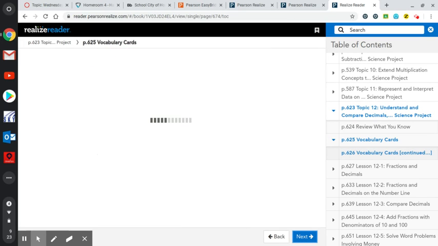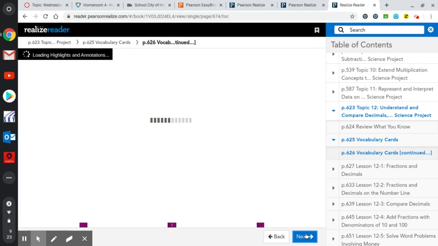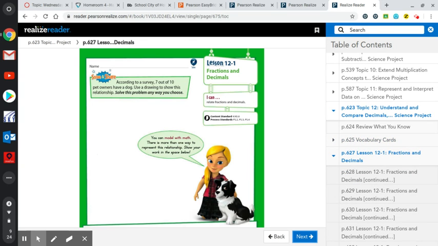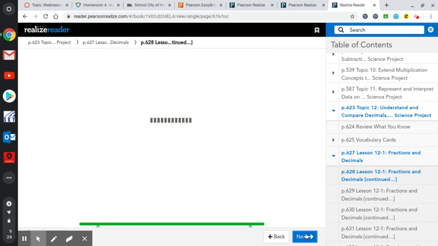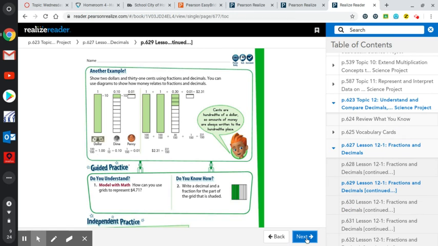You actually have great notes in your notebook. All right, I'm looking for the solve and share for 12-1. I'm getting close.